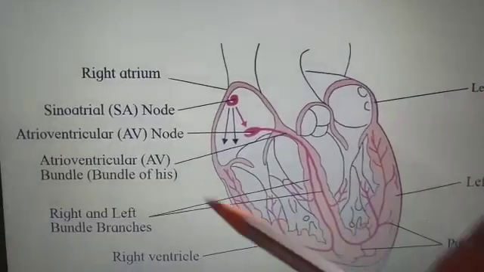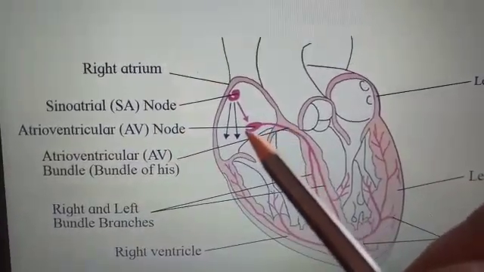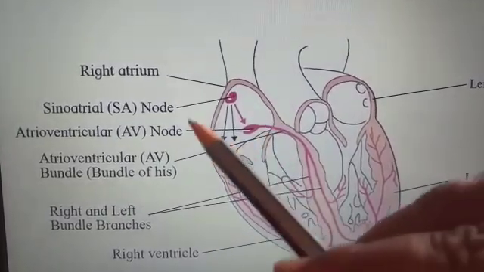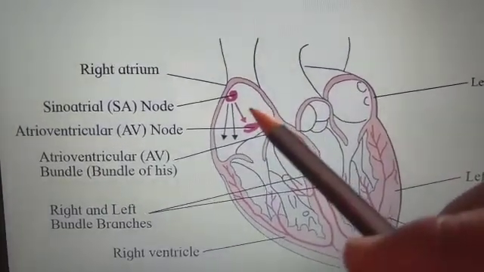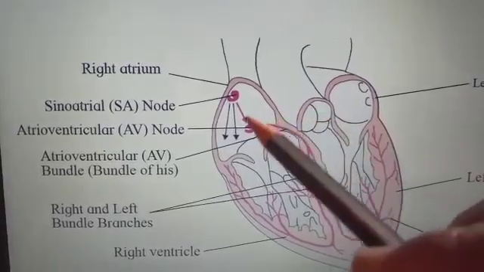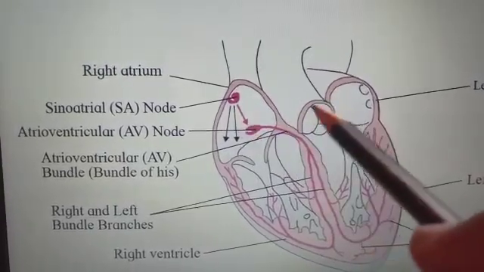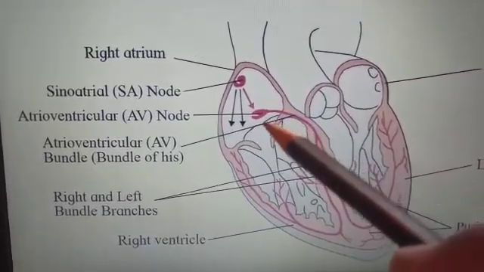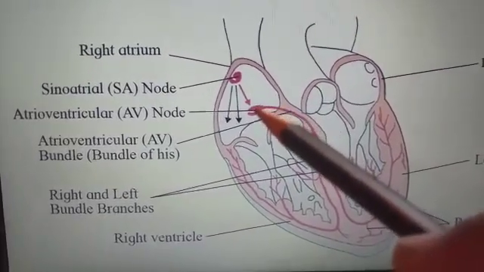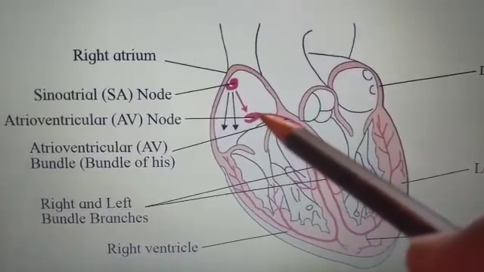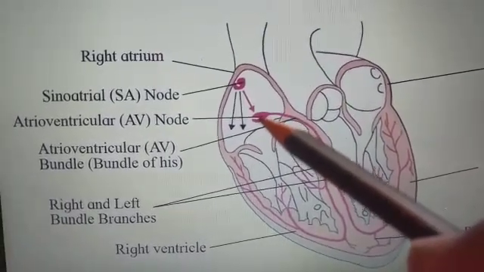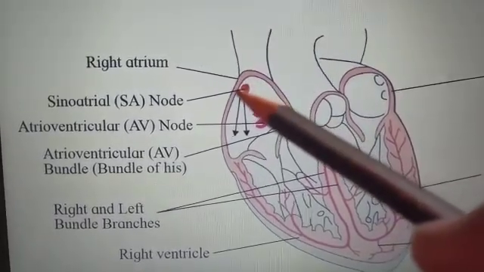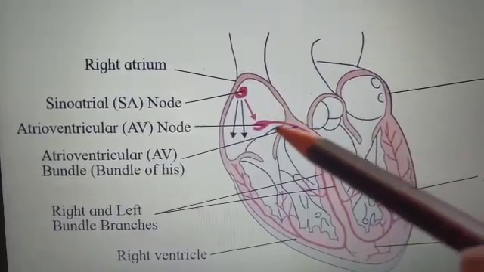Then the second one is the auriculoventricular node. This auriculoventricular node is also present in the right auricle, but towards the interauricular septum. This is the second nodal tissue, called the auriculoventricular node. It is also called the pacesetter, because the AV node receives the impulses from the SA node.